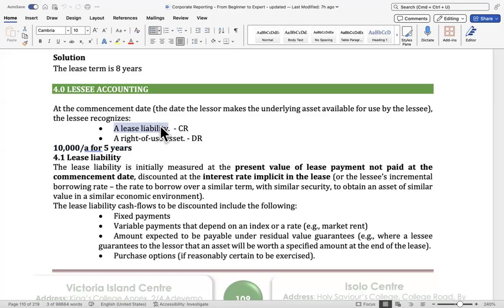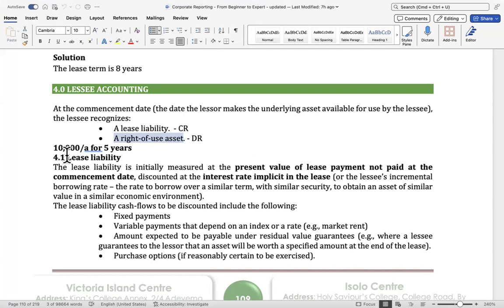He has entered into it. Lease term is a non-cancelable period. So we need to recognize the entire liability at the commencement date, and of course, a corresponding right of use asset representing the underlying asset. The lessee would recognize that in his books.